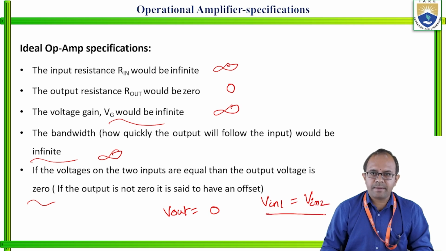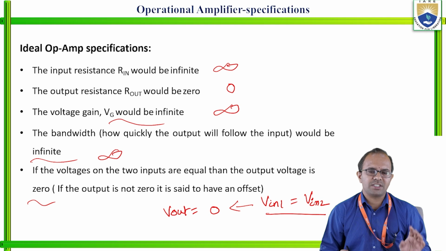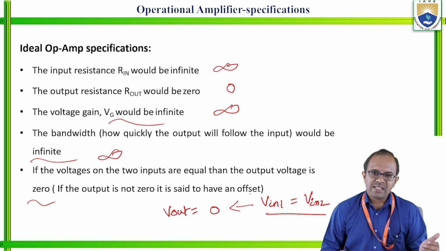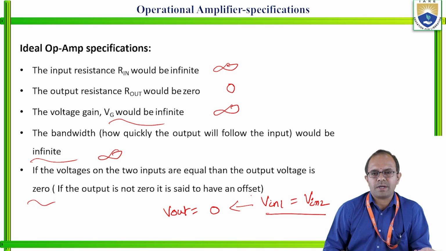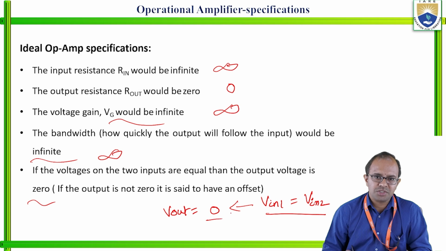Both inputs are the same, the output should be 0, very strict. Even a fractional voltage will not be considered, whether 0.1 volts, 0.5 volts, 1 volt, or 2 volts. It will never entertain it. It is very strict to have 0.